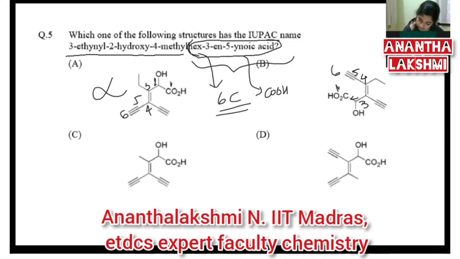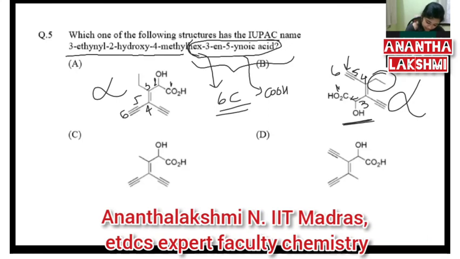Yeah. So 1, 2, 3, 4, 5, 6, I think numbering is done. Now, as you can see, there is hydroxy at 2, perfect. 3-ethynyl, sorry. Yeah, 3-ene is there, correct. Now, 5-ynoic, the yne is there at 5. Do we have methyl at 4? No. We have ethyl at 4, so this is also wrong, not methyl.